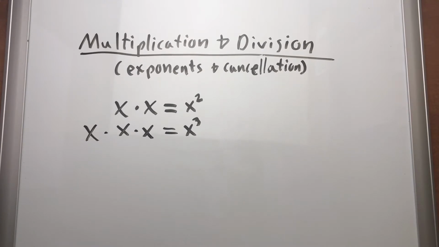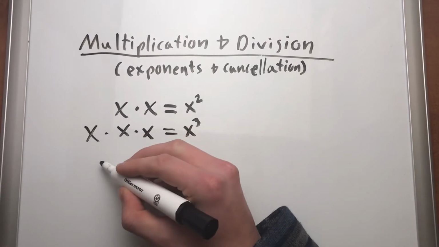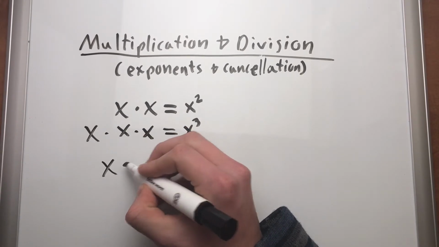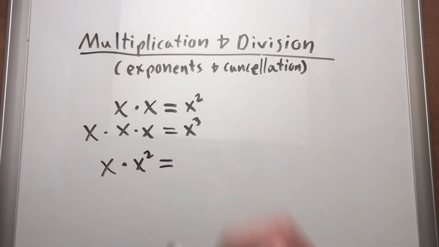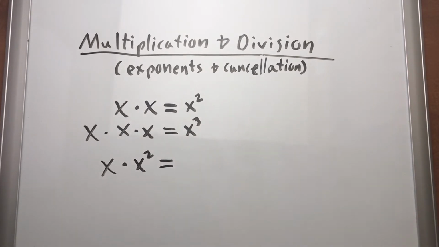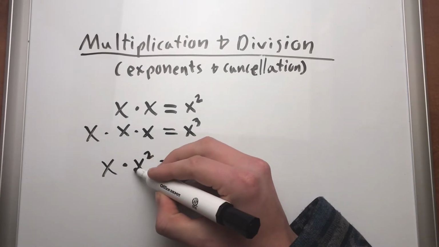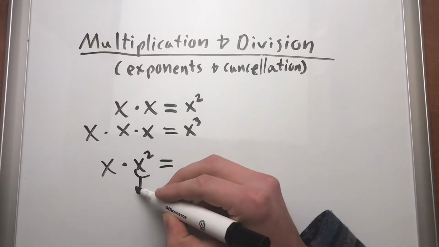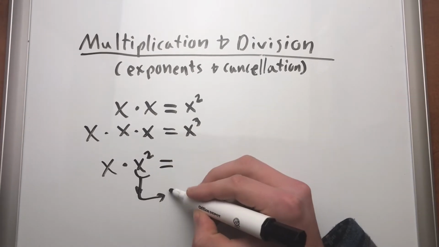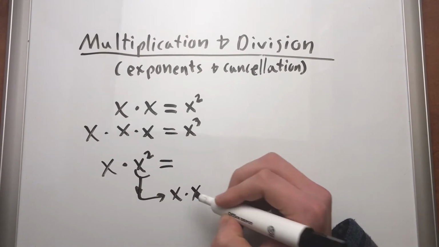Now let's say we have x times x squared. How would we rewrite that? How would we simplify it? Well, we know that x squared is simply a stand-in for x times x.